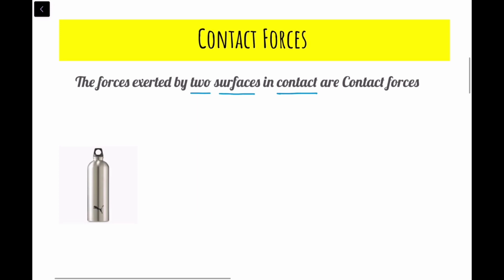To take an example, suppose I have a bottle over here. The bottle is sitting on the ground. From this figure, the lowermost portion of the bottle, with the entire bottle above it, is in contact with the uppermost surface of the ground.